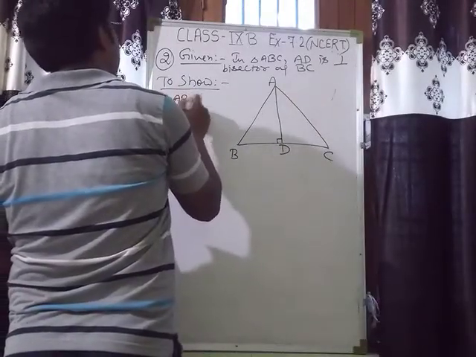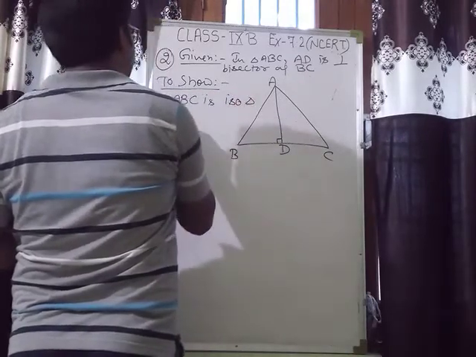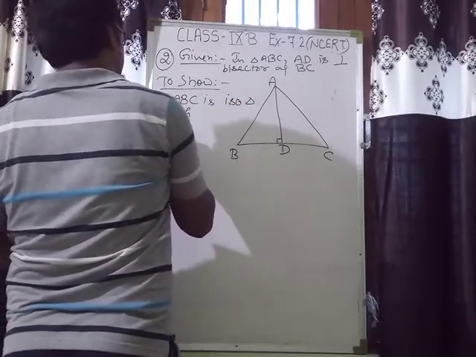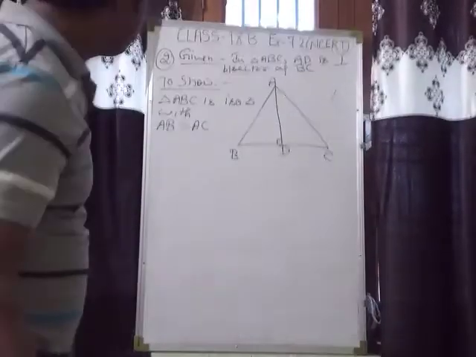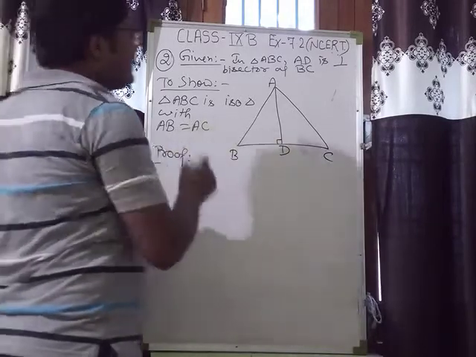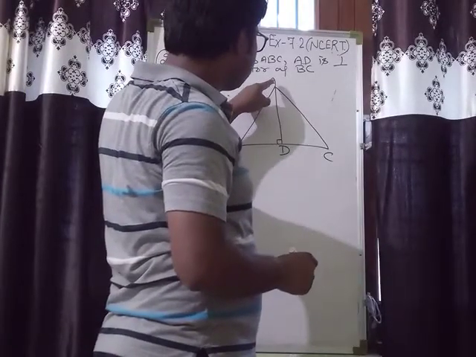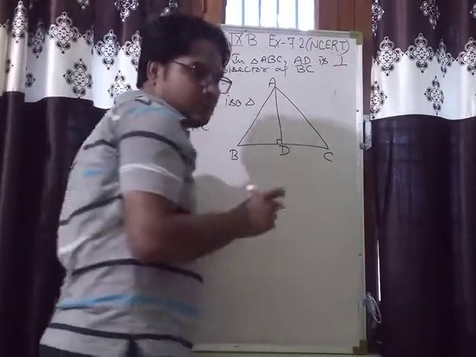See what is given here. It is given that AD is the perpendicular bisector of BC.